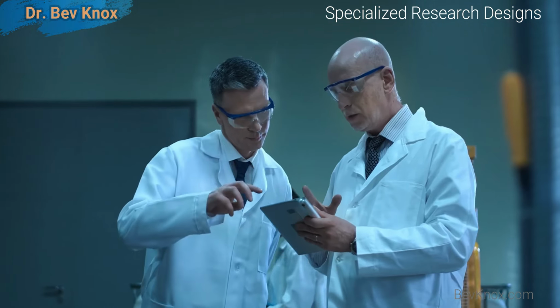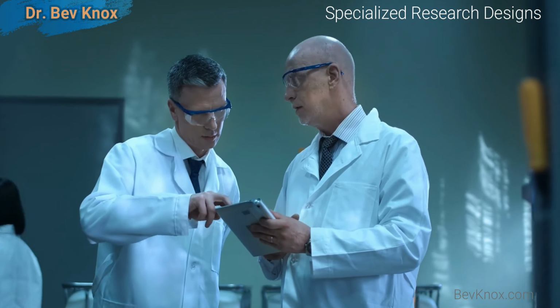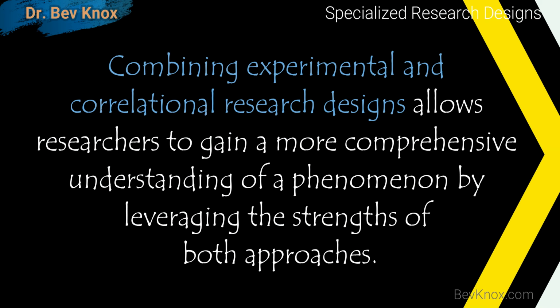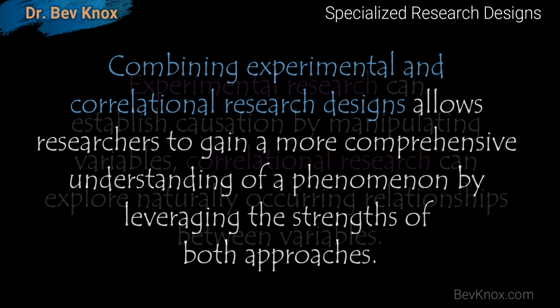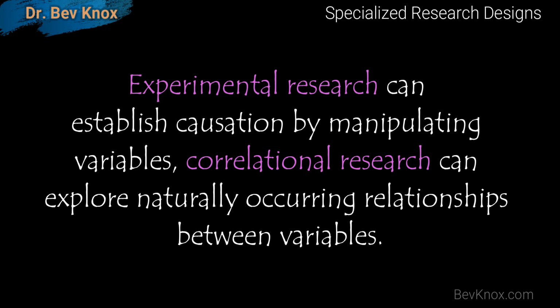Next, combining experimental and correlational designs. Combining experimental and correlational research designs allows researchers to gain a more comprehensive understanding of a phenomena by leveraging the strengths of both approaches. While experimental research can establish causation by manipulating variables, correlational research can explore naturally occurring relationships between variables.